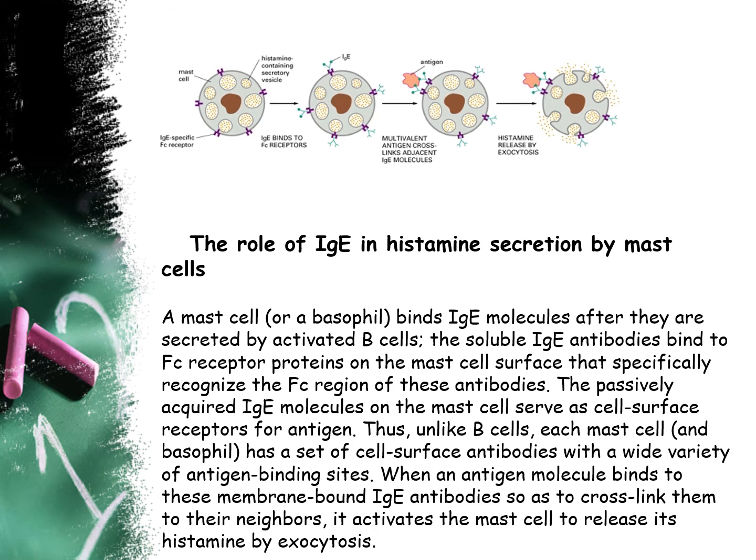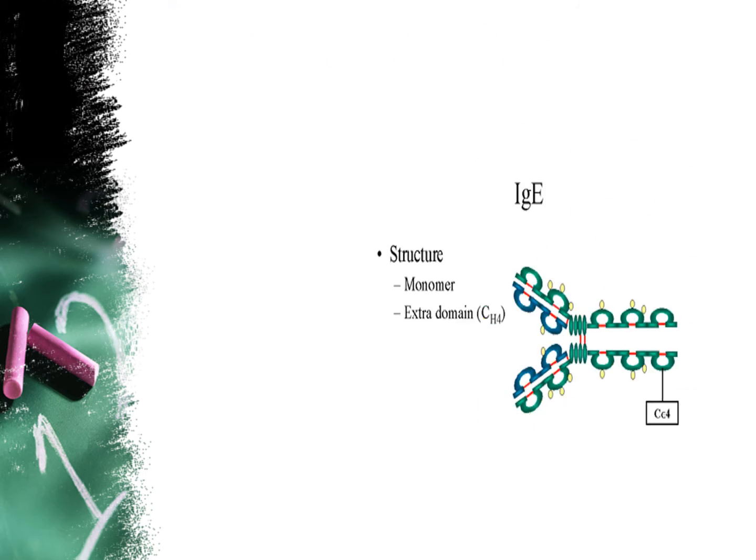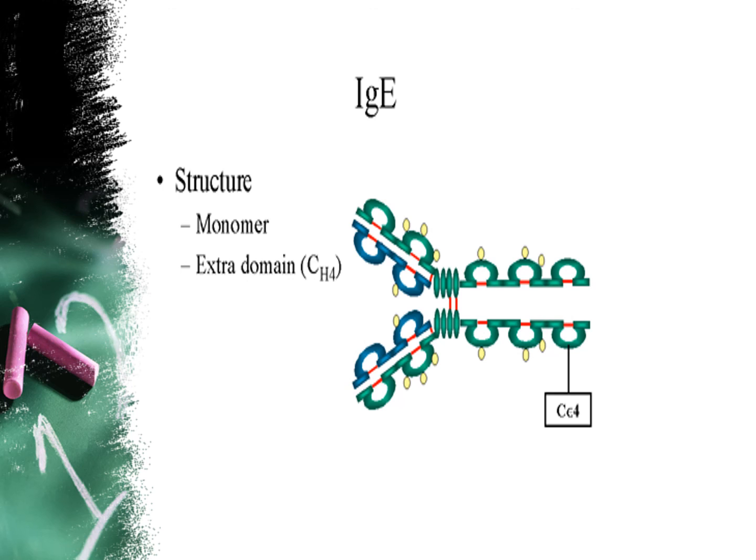Thus, unlike B cells, each mast cell has a set of cell surface antibodies with a wide variety of antigen binding sites. When an antigen molecule binds to these membrane-bound immunoglobulin E antibodies so as to cross-link them with their neighbors, it activates the mast cell to release histamine by exocytosis. This is the structure of immunoglobulin E.